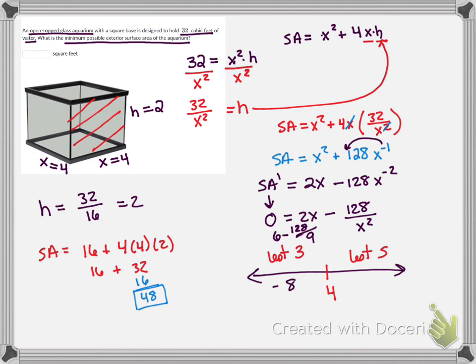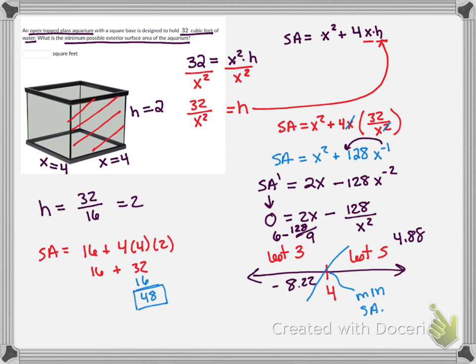That's about negative 8.22. Now let's test 5. When I test 5, we're looking at 4.88. So sure enough, our derivative is going from negative to positive, making 4 the minimum surface area.